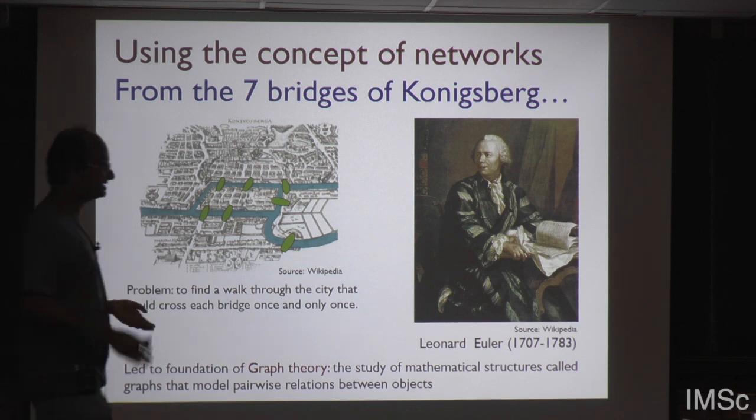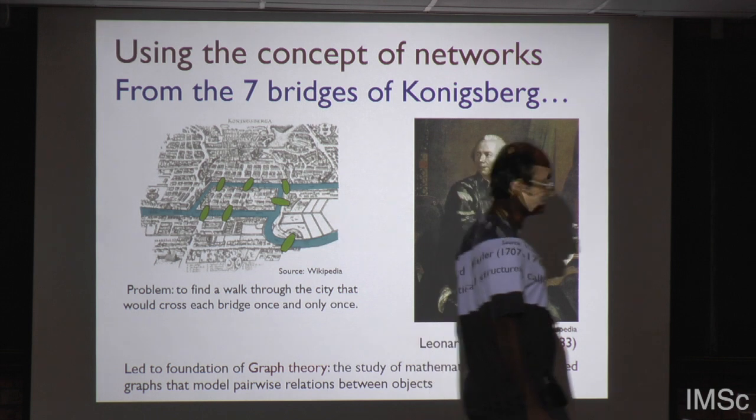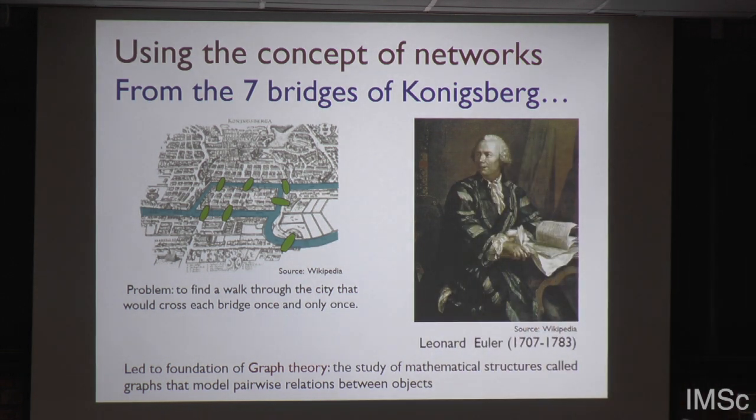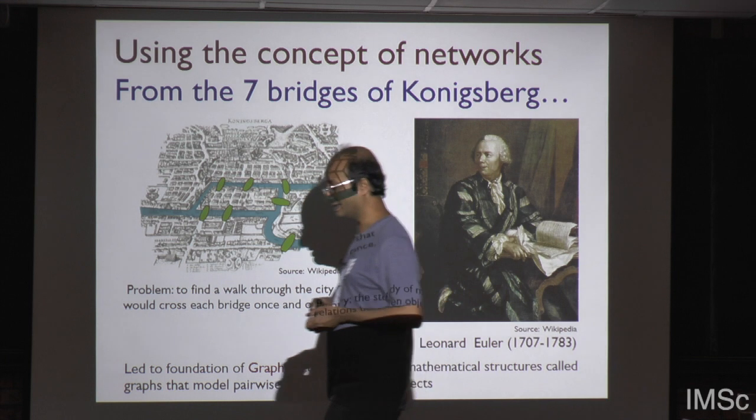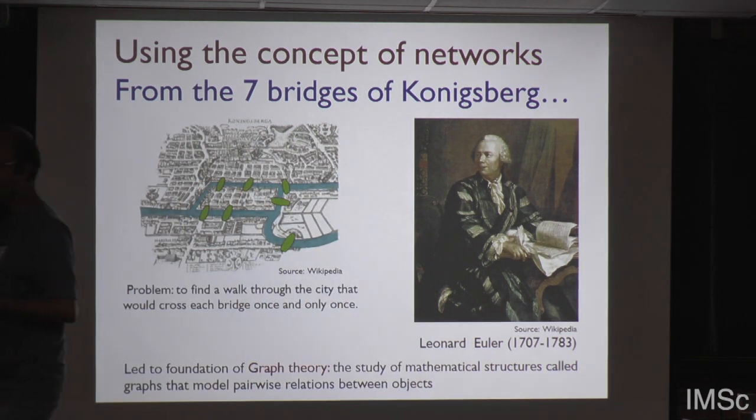So you can do this manually, but Euler decided to cut through this mess of trying to find solutions manually, and came up with a very elegant argument, which I'll come to in the middle of my lecture when I talk about Eulerian paths, which showed the power of graph theory in solving problems which seemed like requiring a lot of trial and error kind of approaches.